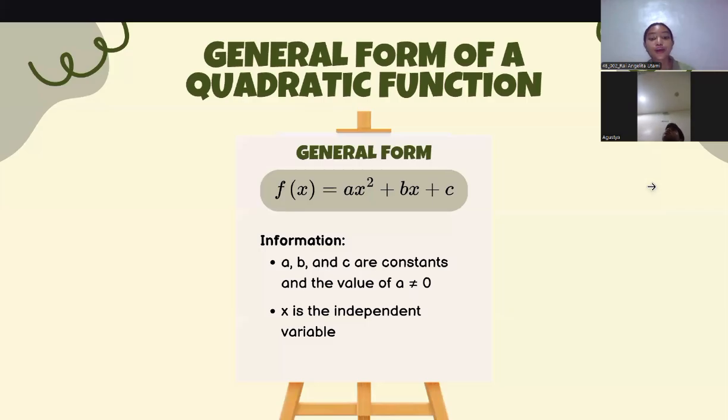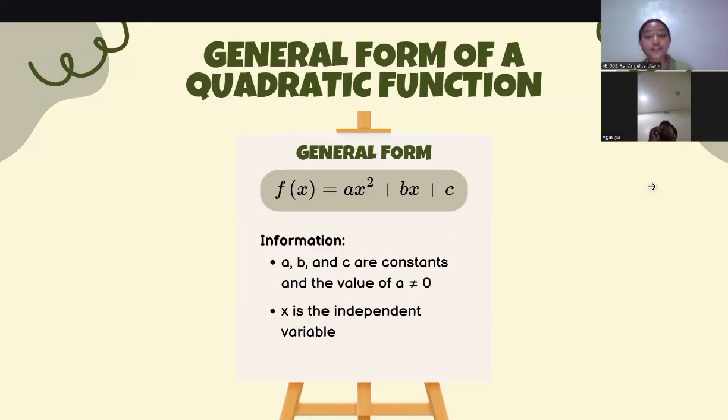Now, let's move on to the next slide. After learning quadratic equations, we will now study the general form of a quadratic function. Please look at the formula. f(x) = ax² + bx + c. This looks very similar to a quadratic equation, but instead of setting it equal to 0, we define it as a function f(x).